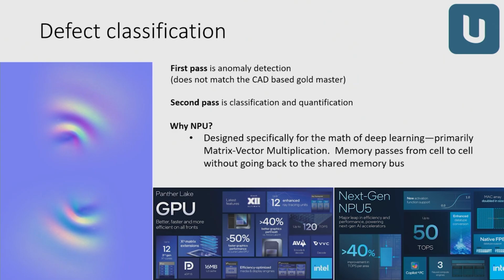I think one of the other really interesting areas which is starting to create a little bit of opportunity in the market is that historically we've been focused on GPUs because a lot of what we've been doing has been image processing. And GPUs are not bad at doing some of these anomaly and classification tasks.